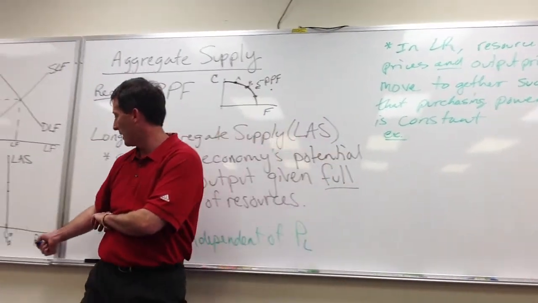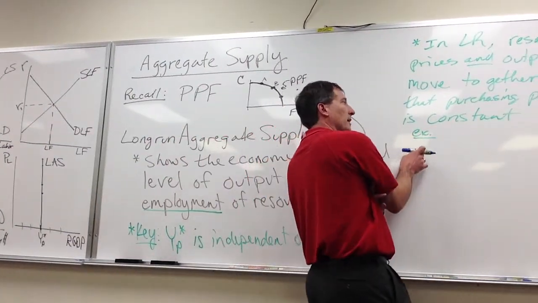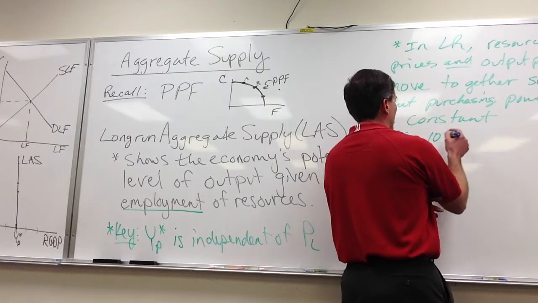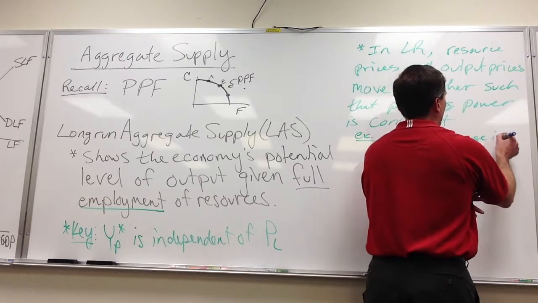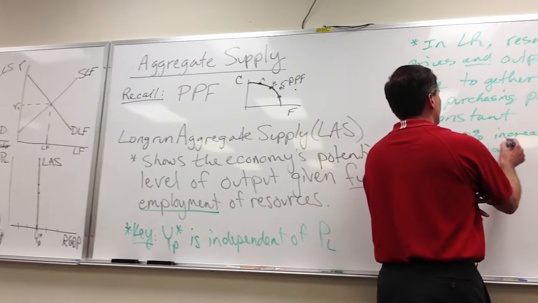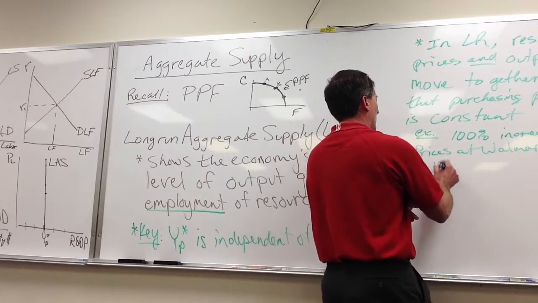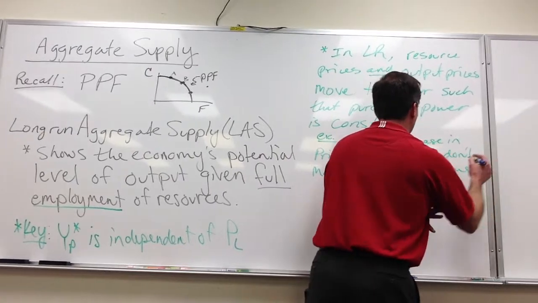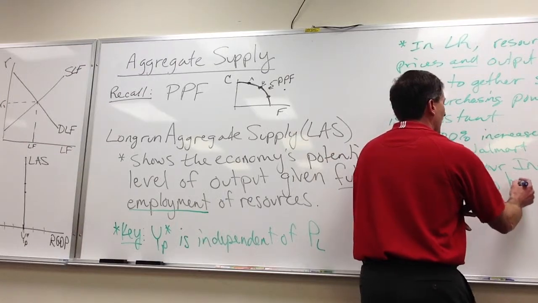Since, remember, we are talking about real GDP, which is also income. Somebody's spending is the other person's income. That's kind of what this is playing on. So, for example, a 100% increase in prices at Walmart doesn't matter if your income also went up by 100%.